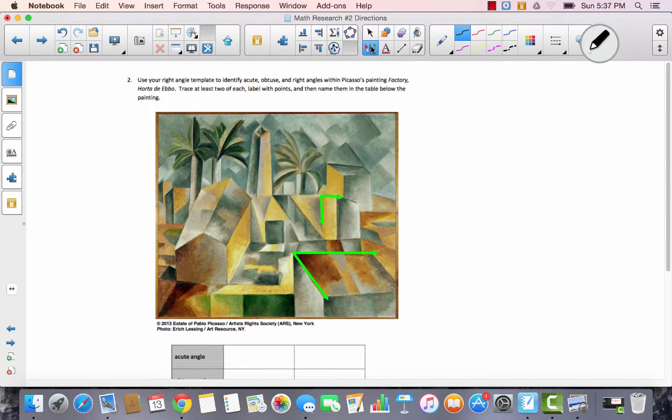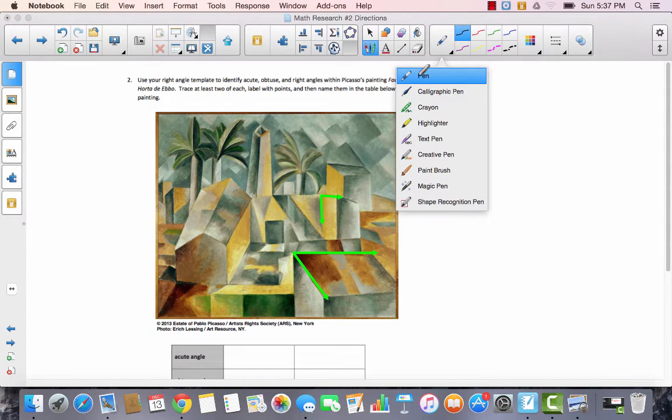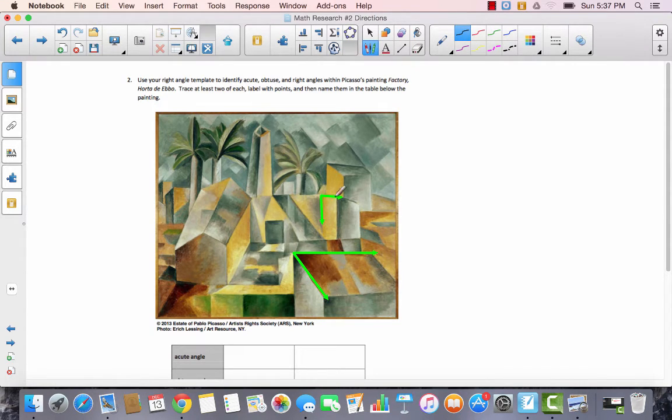I'm going to go ahead and grab my pen, and I'm going to write in some points. So an angle, remember, has 3 points. So I'm going to put a vertex, and 3 points.